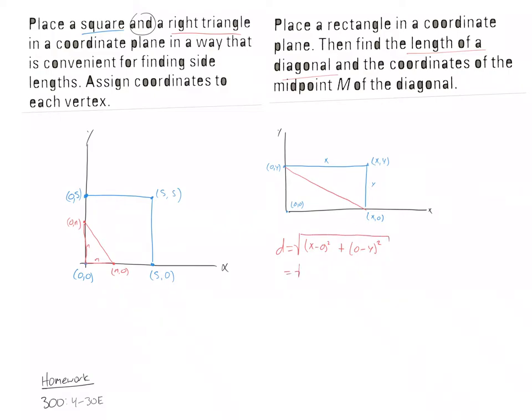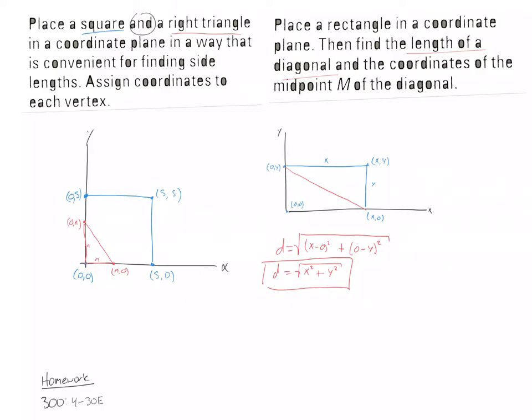So it's going to be the square root of x minus 0. It's going to be x, and then I'm squaring that. 0 minus y is going to be negative y, squared, which is going to give me y squared. So the length of that diagonal is going to be the square root of x squared plus y squared.